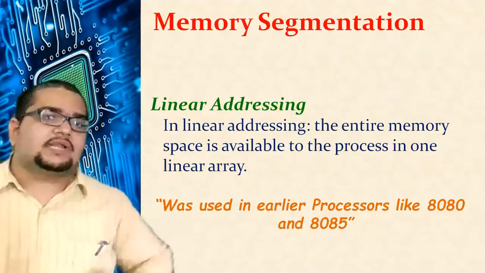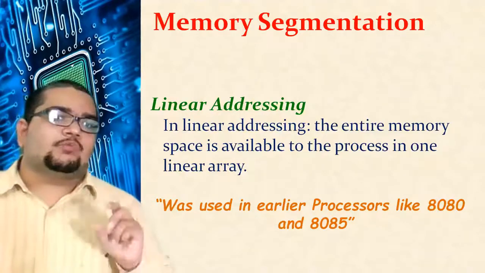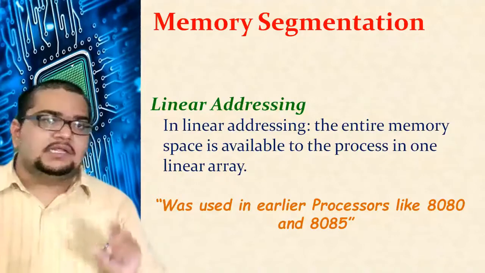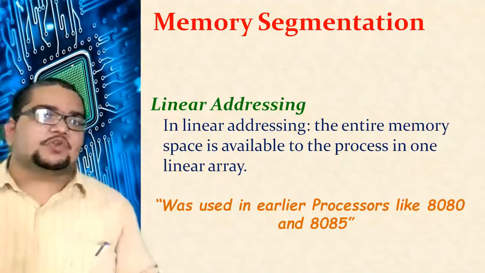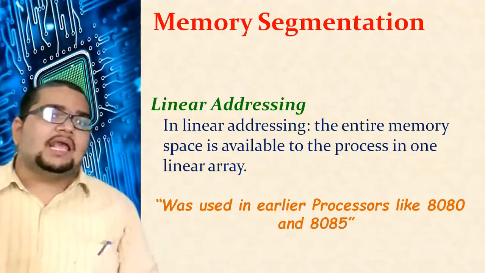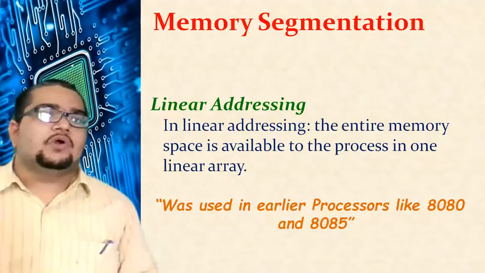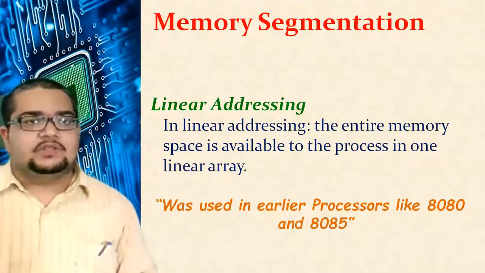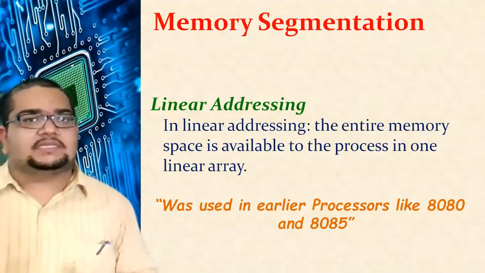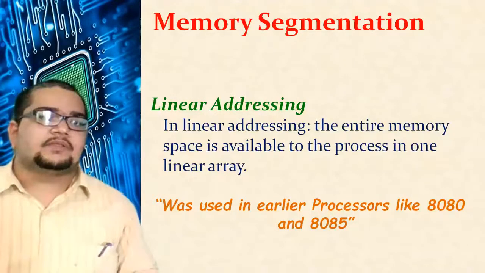It is called direct addressing, directly pointing one address to the exact physical location of the memory. The earlier processors, from 8080 till 8085, all had this linear type of addressing.